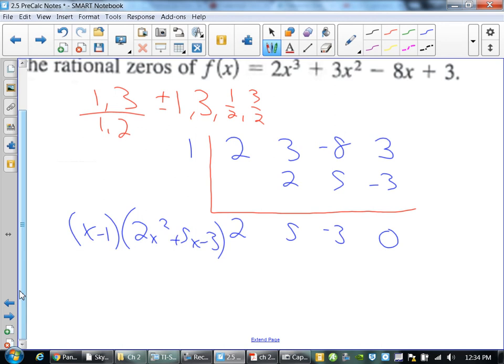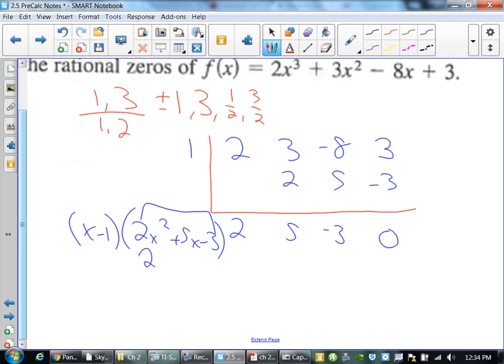What times what is negative 6 and adds together to get positive 5? 6 and negative 1. But I said it backwards. Sorry, I jumped ahead of myself.